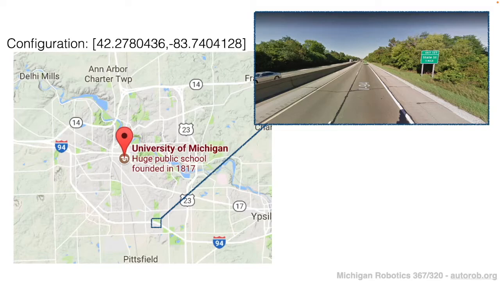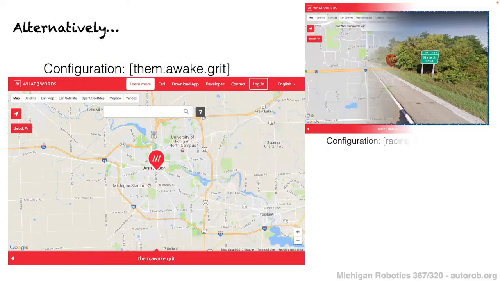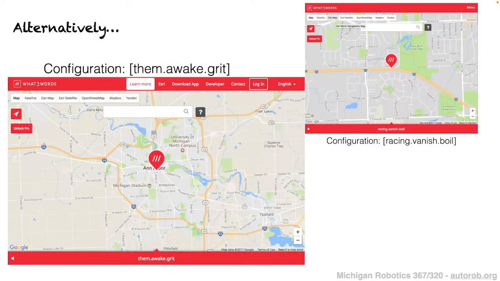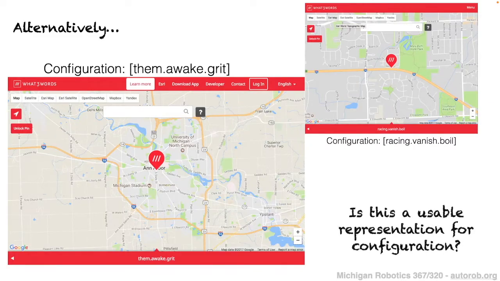But of course, this is not the only representation for configuration that the robot could be using, right? So an alternative representation, which would be just as valid, might be something based on, just as an example, this what three words representation, which represents every square meter of the Earth's surface with a unique set of three words.